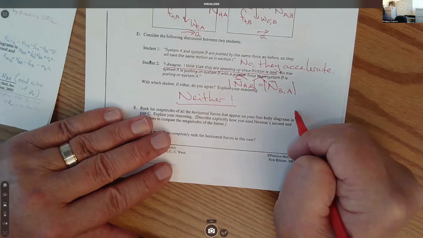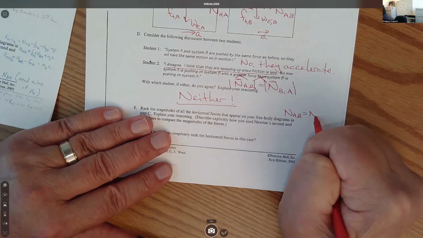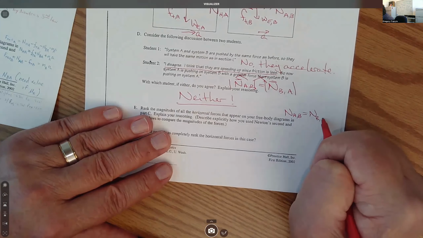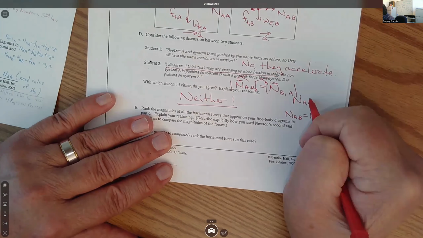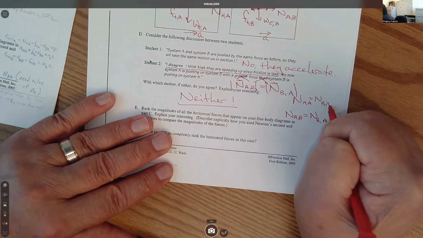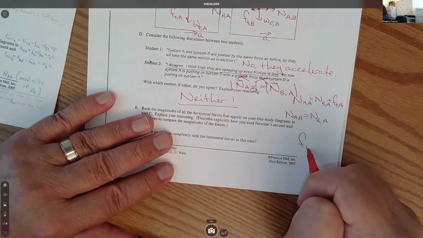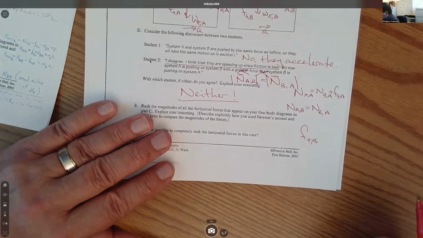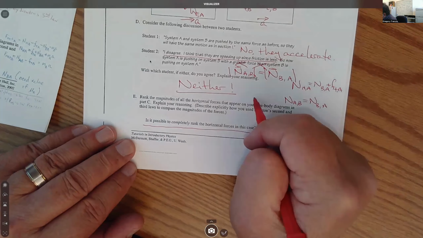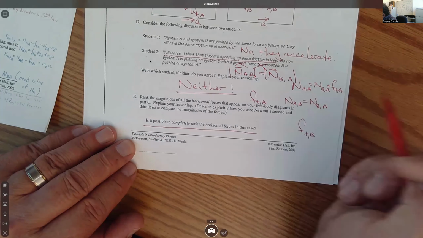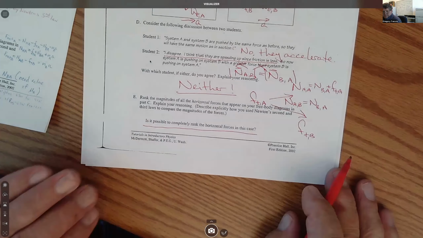I know that the normal force of A on B is equal to the normal force by B on A. I know that the normal force by the hand on A is still the biggest because it's the normal of B on A plus the friction by the table on A. I know that the friction force on B is going to be the smallest of all of them, but I can't rank the friction force by the table on A. It either goes here in my ranking or it goes here on my ranking.